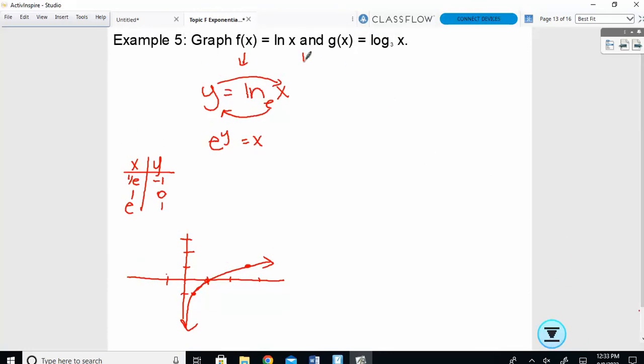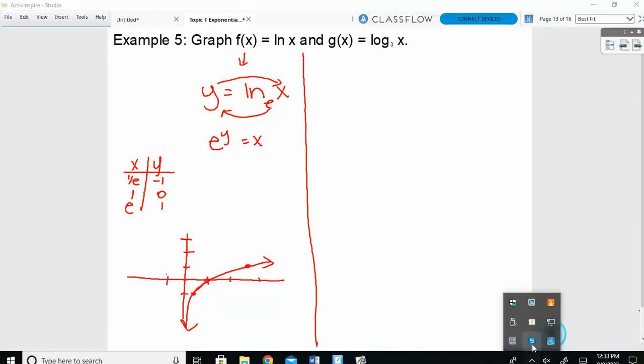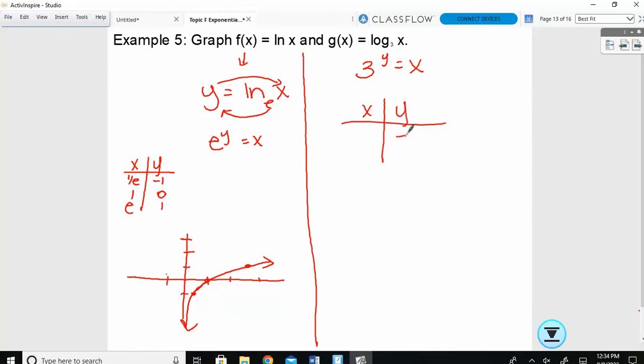Change it to exponential, get your 3 points, draw your graph. You guys get it?